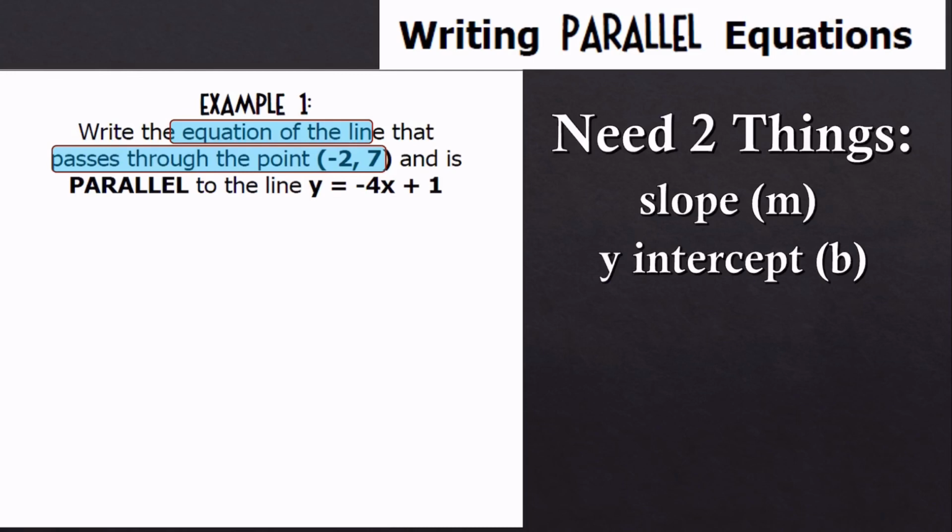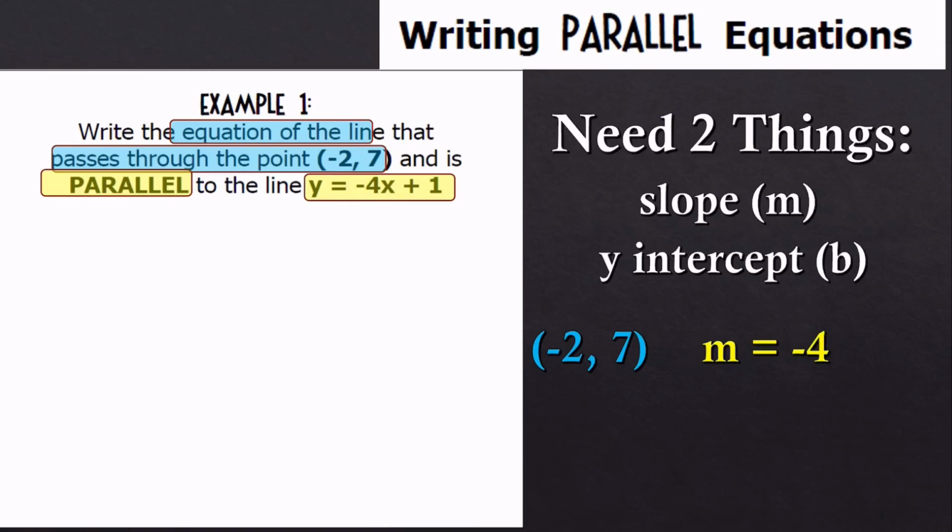But my line is going to be parallel to this line. Remember, parallel lines have the same slope. So I can look at the line they gave me, and I know that the slope of my line is going to be -4, because they have the same slope.